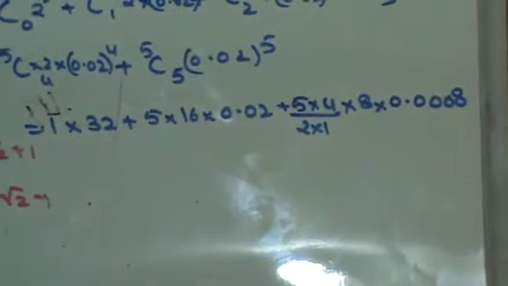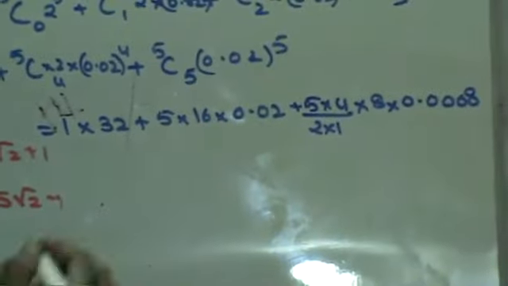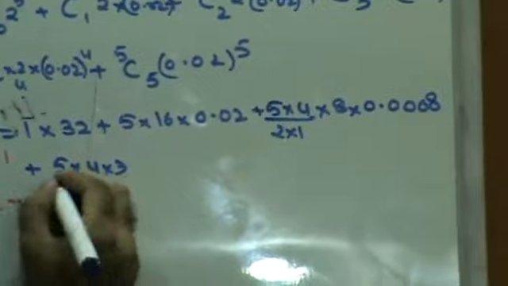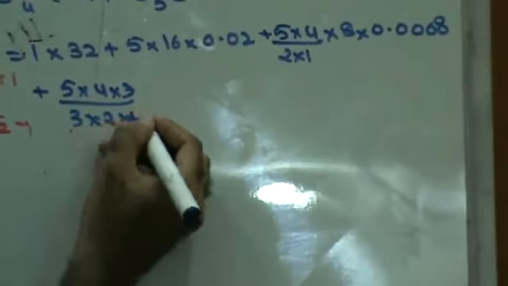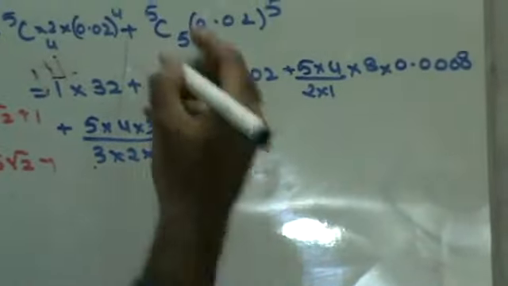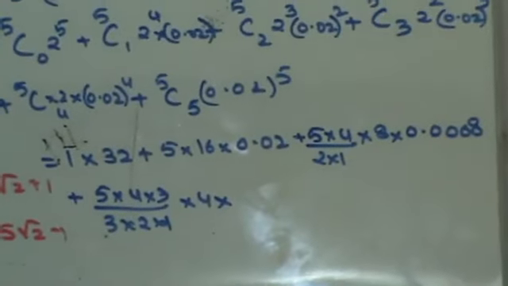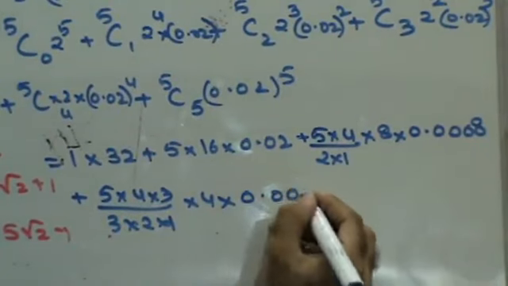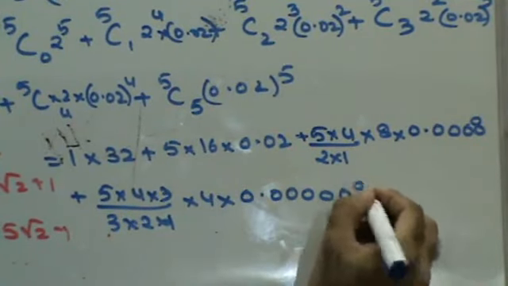I know a lot of students make mistakes here. Plus 5, 4, 3 upon 3, 2, 1 into 4. That means there should be 6 decimal places.